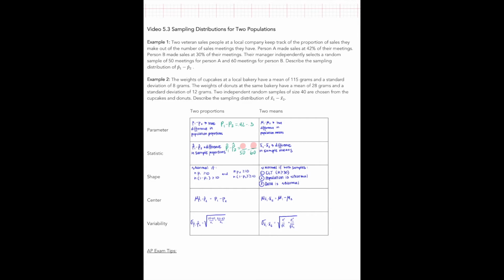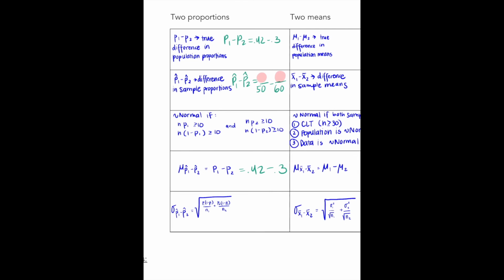In terms of my shape, if I want to know something's approximately normal, the values that I should plug in here are p values, so p sub 1 and p sub 2, no p hat values there. In terms of my center, I'm just going to take the population proportions and subtract them, which is still 0.42 minus 0.3. And then for my standard deviation, just notice that I'm using p instead of p hat there as well.